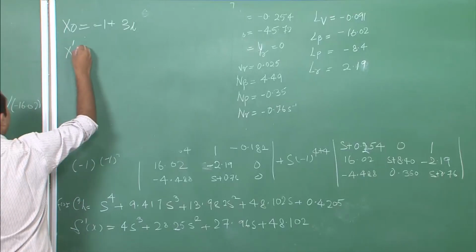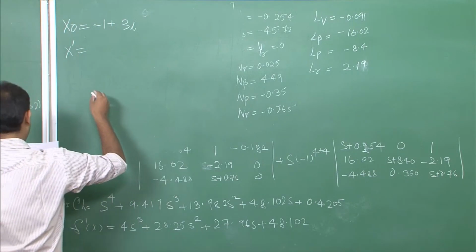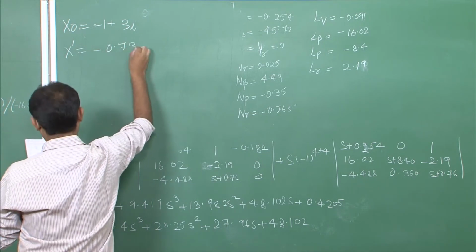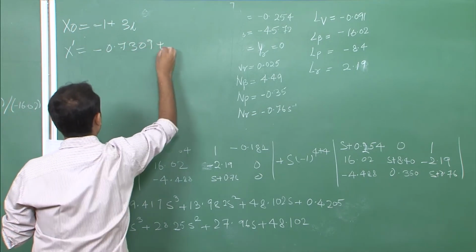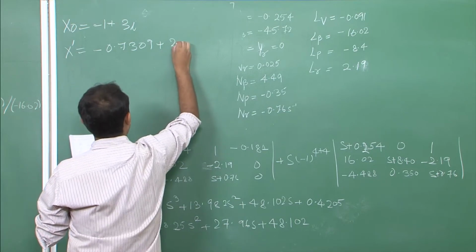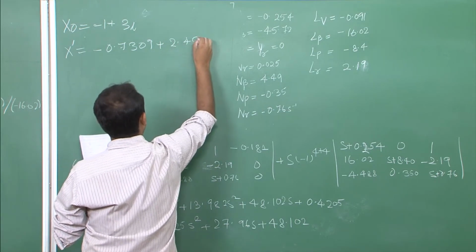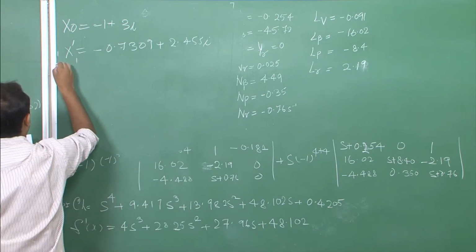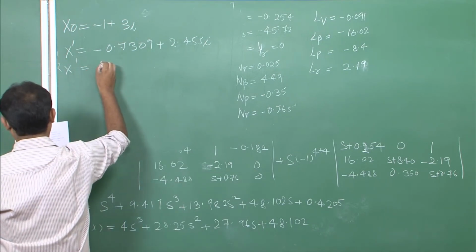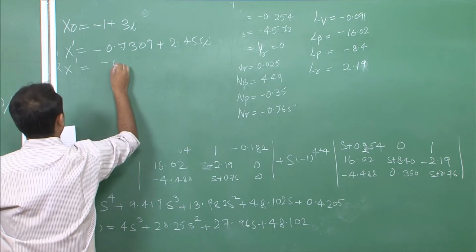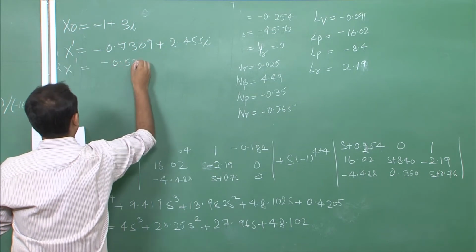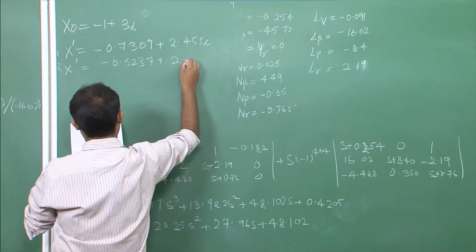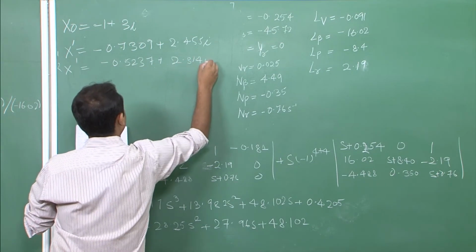X' after the first iteration will be minus 0.7309 plus 2.455i. After the second iteration, it will give minus 0.5237 plus 2.314i.